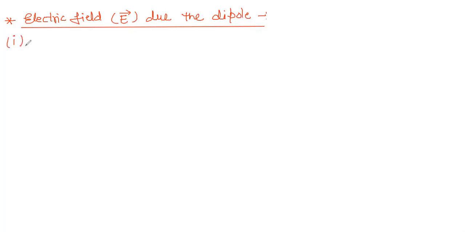We can find the electric field due to the dipole first on the axis of the dipole, and second on the line passing through the midpoint and perpendicular to the axis of the dipole, meaning at the equatorial line. At the axis of the dipole, it is also called the end-on position.